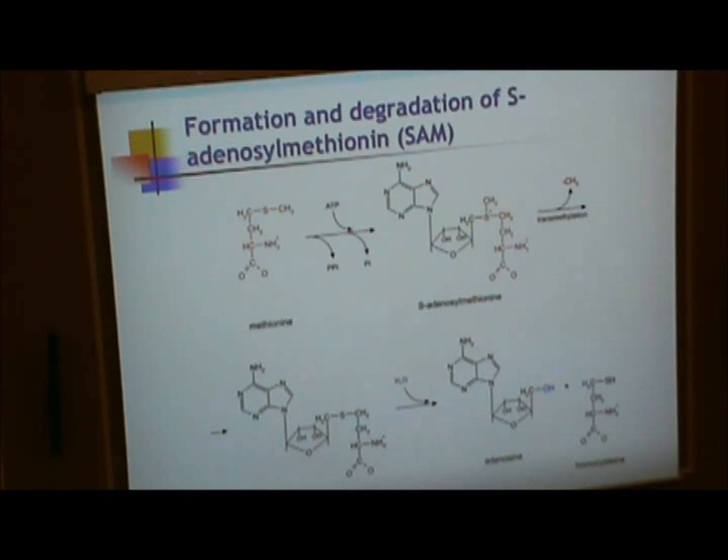The hydrogen from water binds to this sulfur, forming this SH group, and the OH from water binds to this carbon, forming this hydroxyl group. So under the action of water, S-adenosyl homocysteine converts into adenosine and homocysteine.